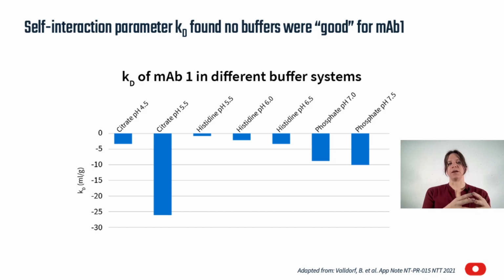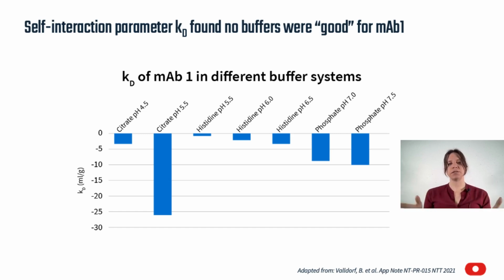Let's start by actually looking at how this SLS deviation from linearity method stacks up against a more typical KD measurement. Here we have a monoclonal antibody in several different buffers. The KDs were all found to be negative, which generally indicates self-association and would generally tell them that more buffer screening is required.